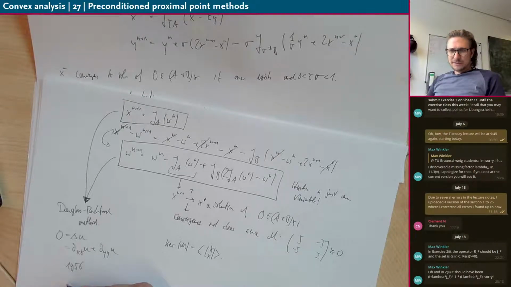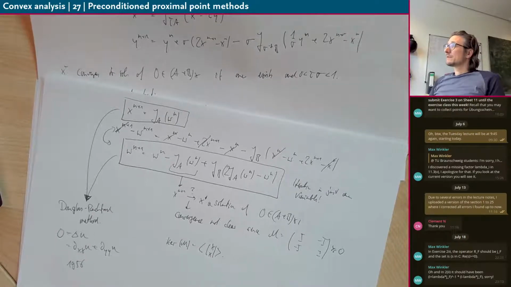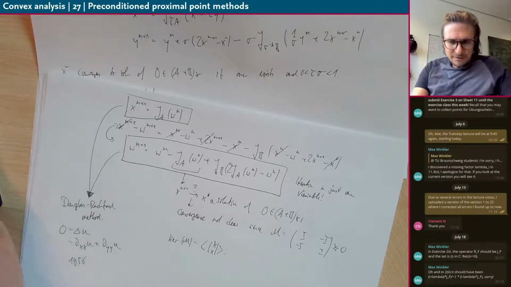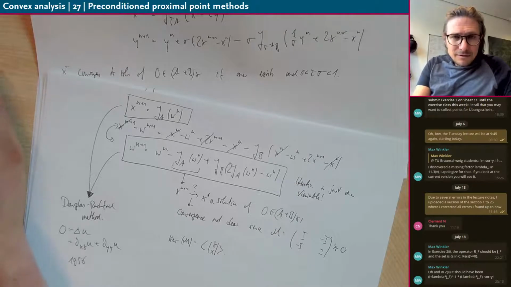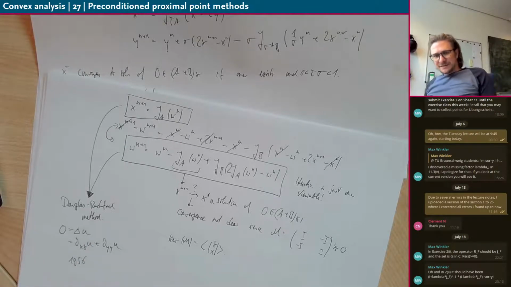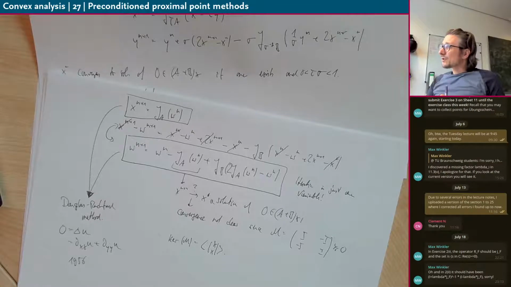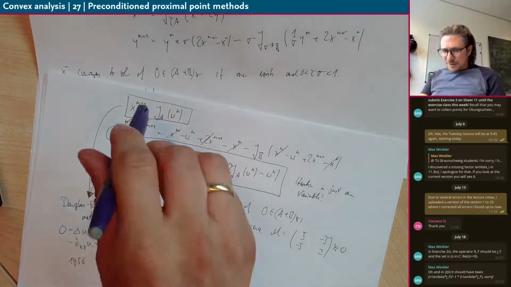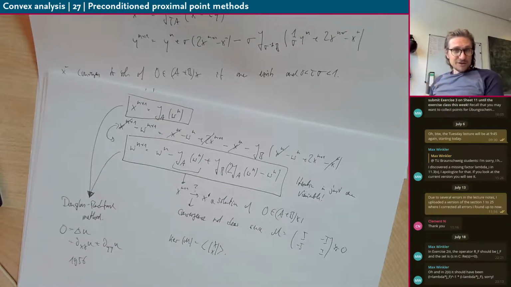And then later, I think it was in the late 70s or early 80s, it was recovered by Lions and some other guy, I forgot the name unfortunately, that you can generalize what they did to monotone operators in general.